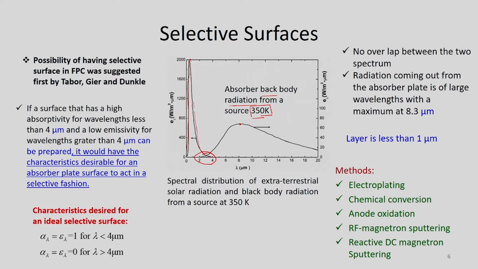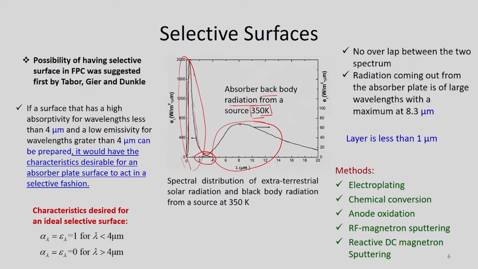So, if a surface has high absorptivity in this wavelength range and low emissivity in this other wavelength range, and if we can make such a system, then we can maximize the absorption of solar radiation.